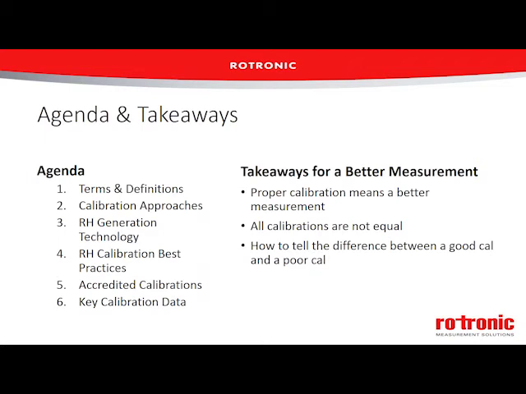It's important to take the best practices into account and to consider the uncertainties of the different reference equipment. And hopefully you'll be able to tell the difference between a good calibration or a low uncertainty calibration and one that has a higher uncertainty and might not be suitable for the end user.